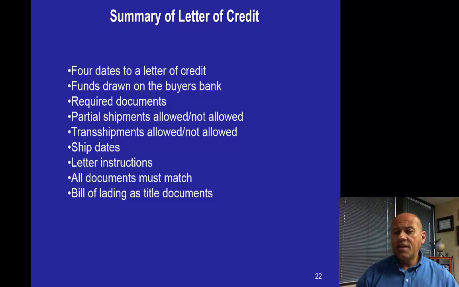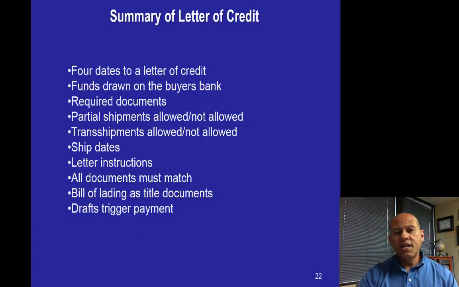This isn't the same with other types of bills of lading, like truck bills of lading or air freight bills of lading. Even though the bank is holding the original bills of lading, with those types the buyer can still get a hold of the goods. So it's very important to make sure that you understand which bills of lading perform as true title and which don't, regardless of how the bank looks at them.